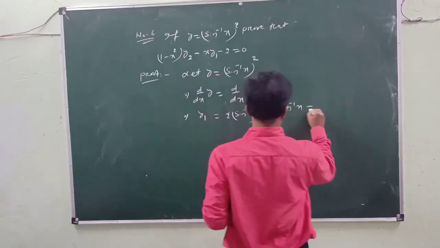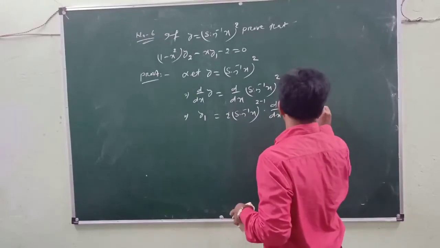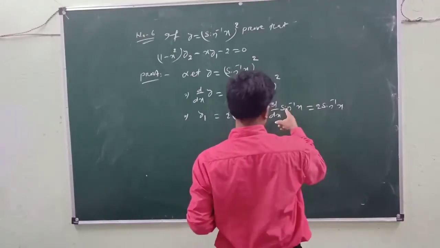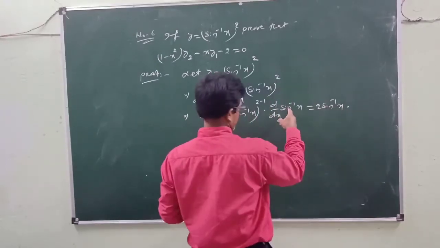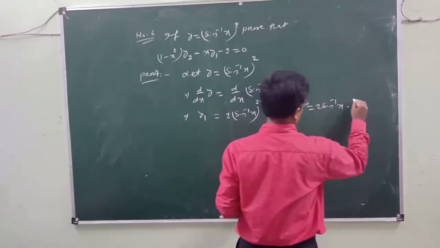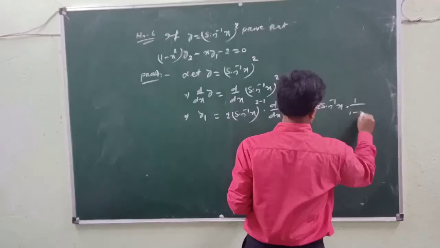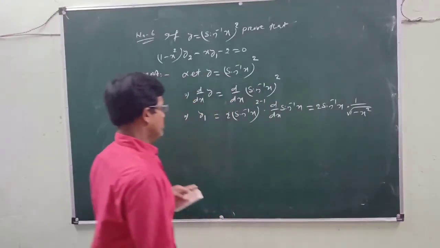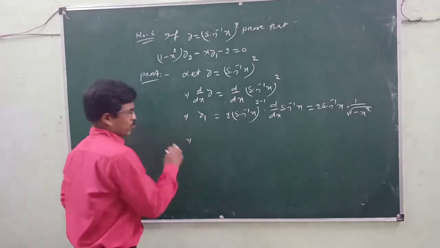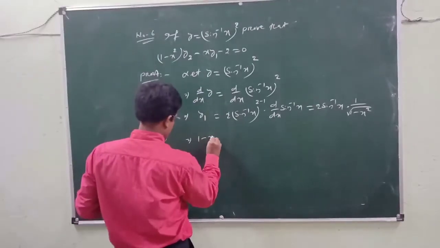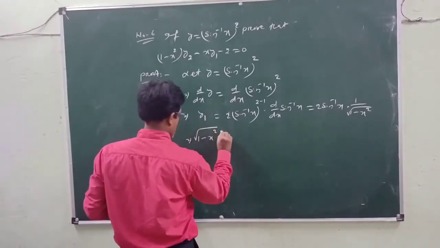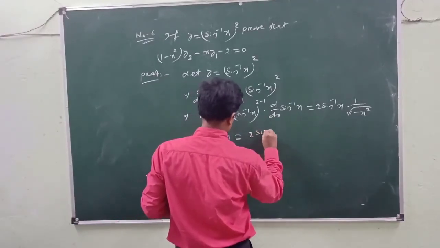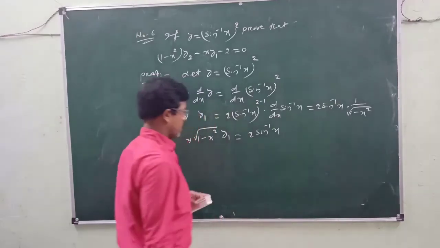So its value will be 2 sin inverse x. Then the derivative of sin inverse x, we already know, is 1 by square root of 1 minus x square. Then by cross multiplication, it will be square root of 1 minus x square into y1 equal to 2 sin inverse x.